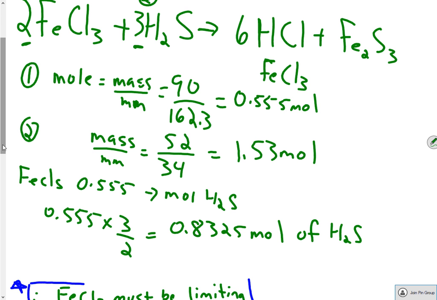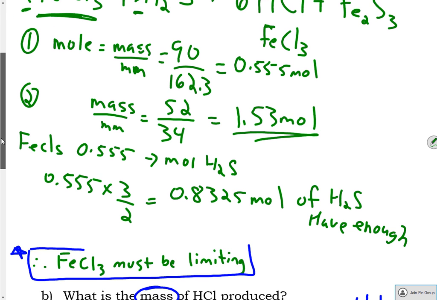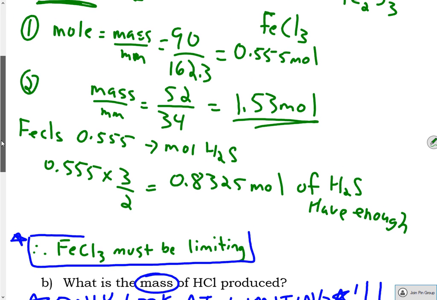So if I look, I have 1.53 moles of H2S. So that means I have more than enough. So that means the other reactant must be my limiting reagent, which means FeCl3 must be my limiting reagent. Okay? So it's just that quick check.